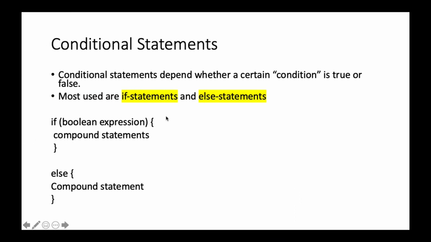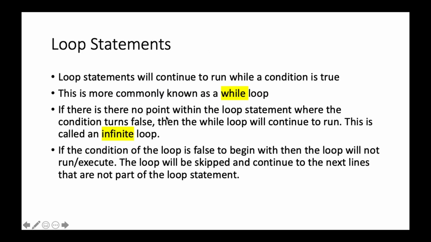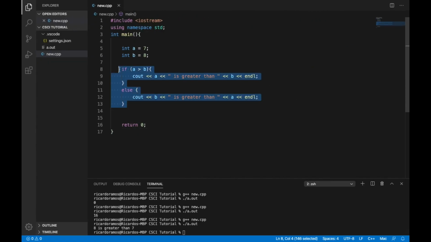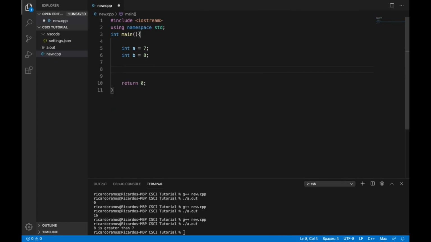Okay, so moving on to the loop statements, to the while statements. This will continue to run while the condition is true. So, for example, say while, let's go with integer c is 10.